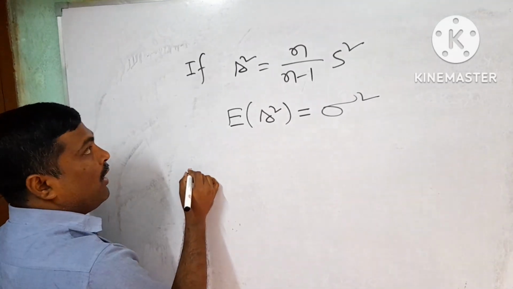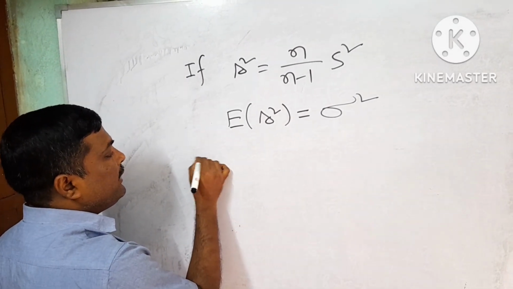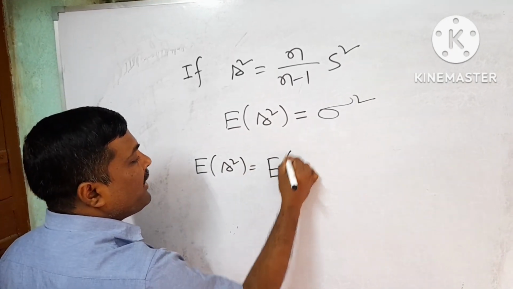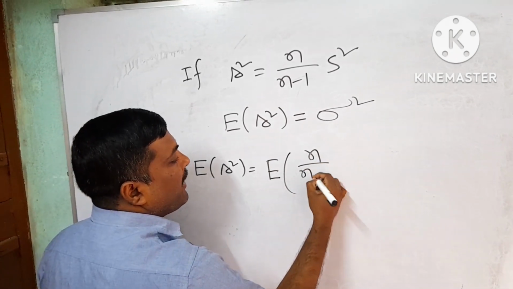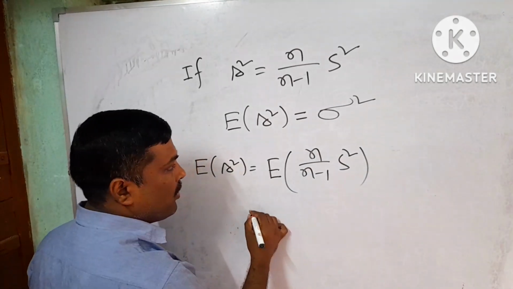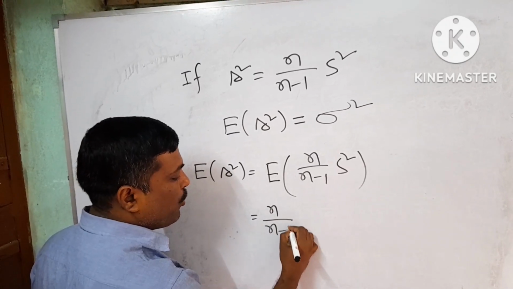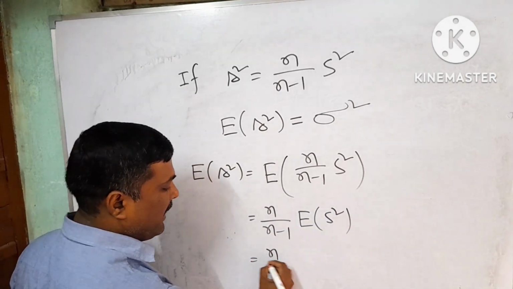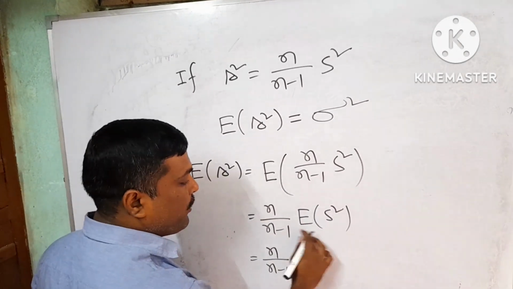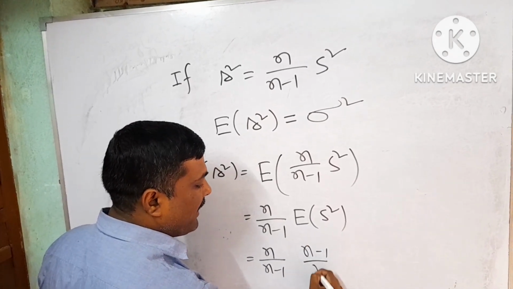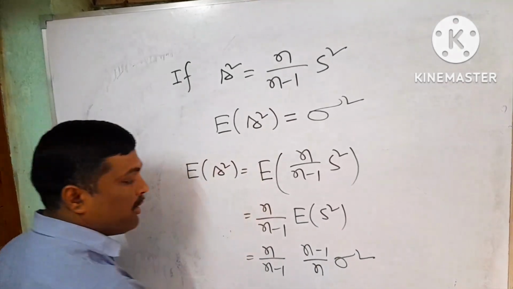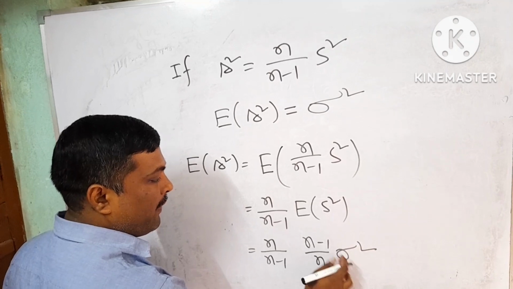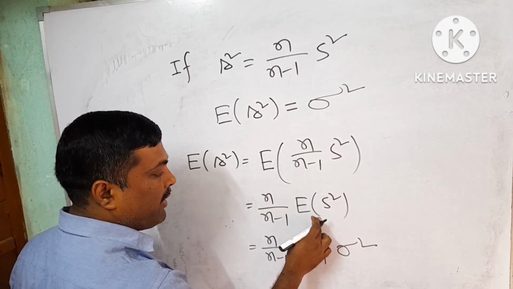See, E of small s square equals E of n by n minus 1 capital S square. N is constant, so it is n by n minus 1 E of S square. Now E of S square is n minus 1 by n sigma square, from the theorem of sampling distribution of sample variance.